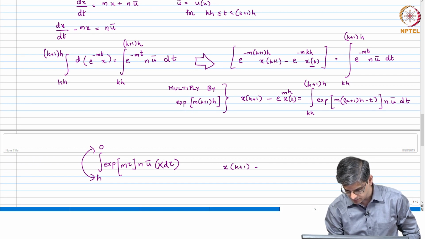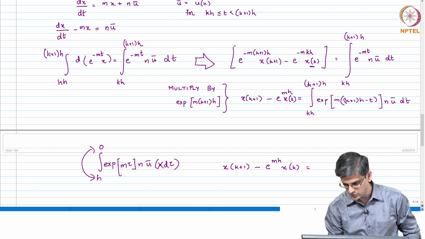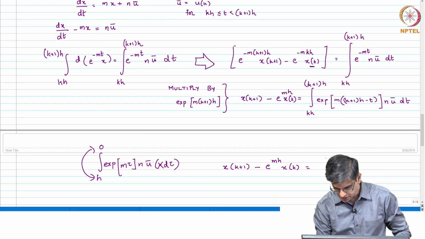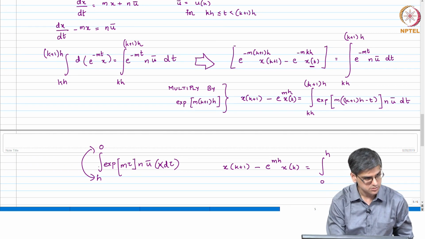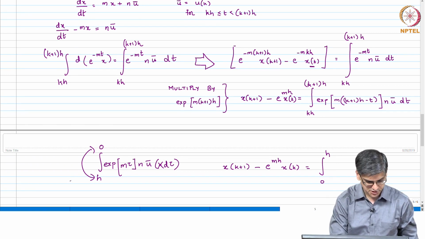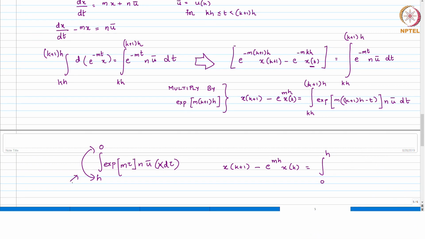x k plus 1 minus e to the power m h multiplied by x k equals integral from 0 to h, that is what we did by exchanging over here, e to the power m tau n u bar d tau.